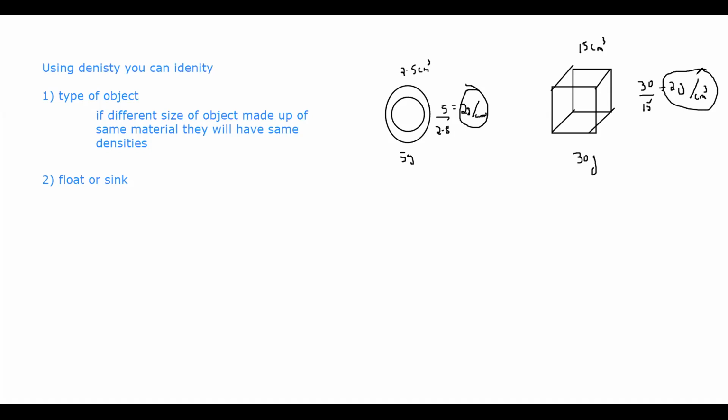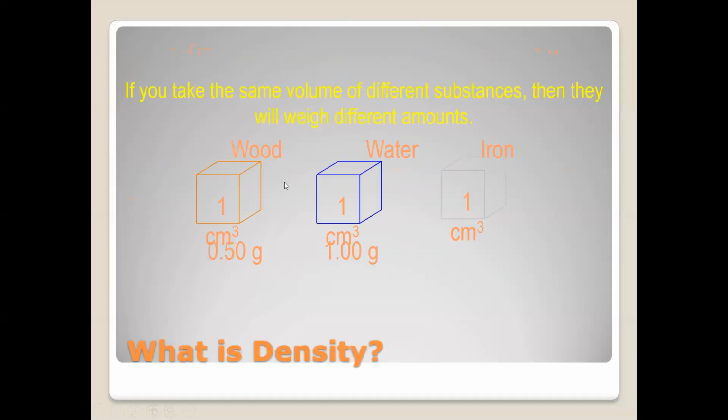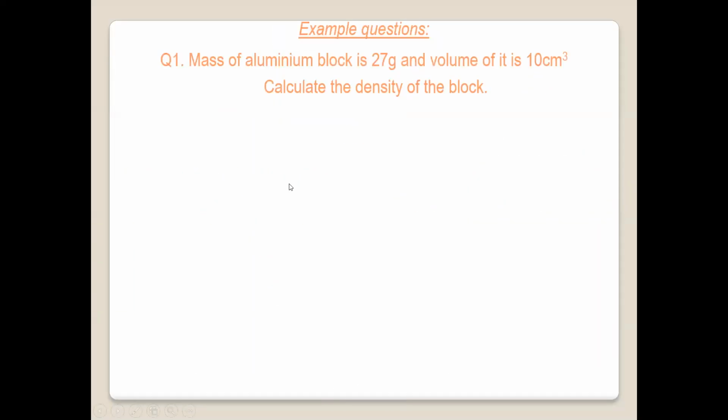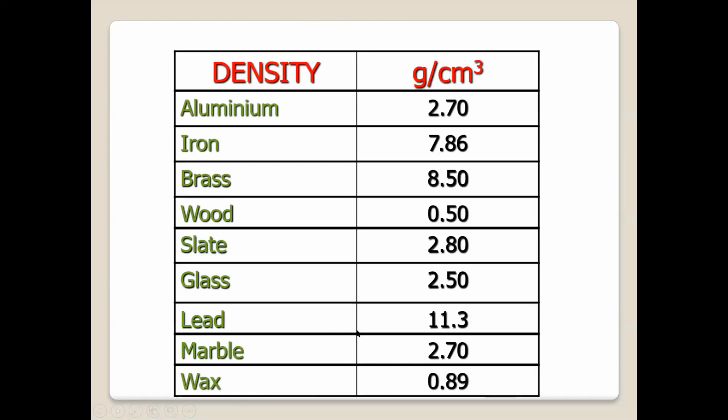For example, if you have a jewelry or ornament and you want to identify whether it is made up of pure gold, you can measure its mass and its volume, and mass divided by volume gives you its density. And then from its density, you compare with the standard density; there's a table for standard density.